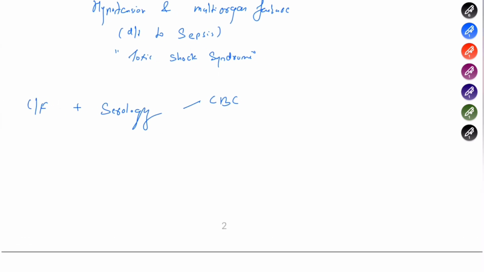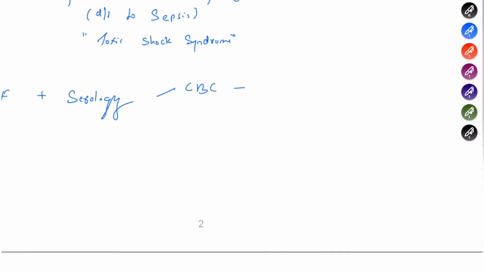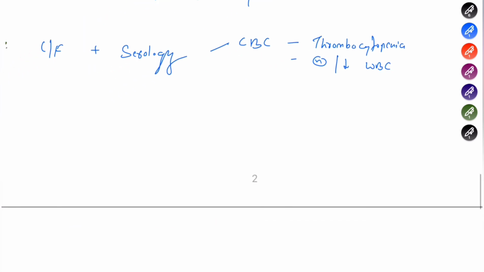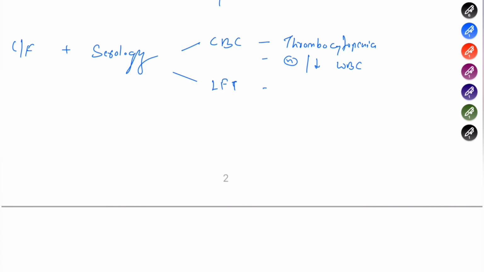In CBC, we can observe thrombocytopenia, a decreased platelet count. Leukocytes may be normal, increased, or decreased. After that, LFT, liver function test: we can see increased hepatic enzymes, AST, ALT, ALP, GGT, and bilirubin. So they are all increased.